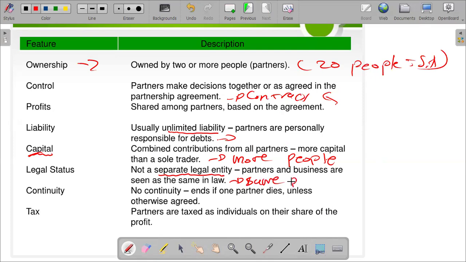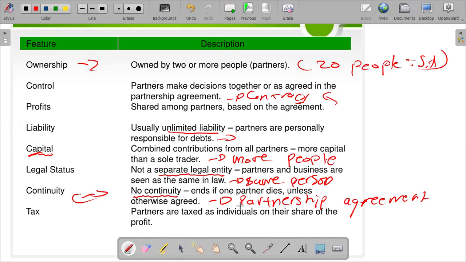Same person, right? And then continuity, again, according to the contract, the partnership agreement, no continuity unless otherwise agreed in the partnership agreement. So in a case of two members, there might not be continuity. But again, if there are more members, remember, you can have up to 20 people, the partnership agreement will state whether it will have continuity or not.